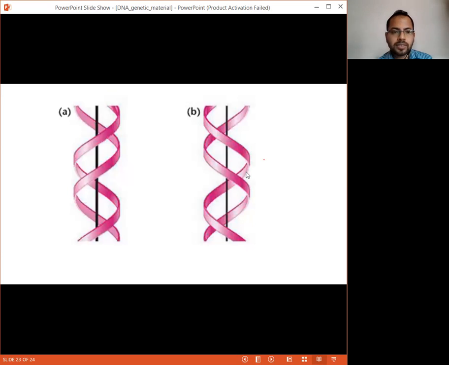And another home task is you need to find out the helicity of these two strands. I am giving you one clue: when you are trying to find the helicity, whether it is a right-hand helix or a left-hand helix. Right-hand helix means when you keep your hand in this position, and if you find that the helix is clockwise, okay.